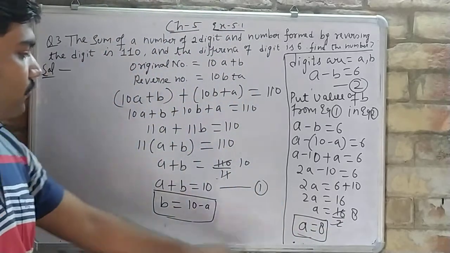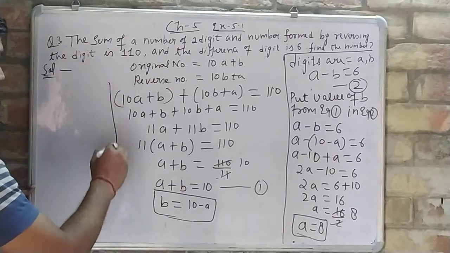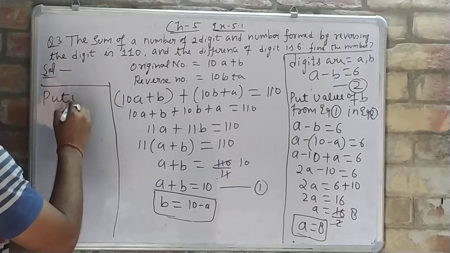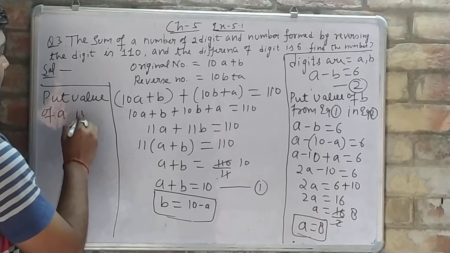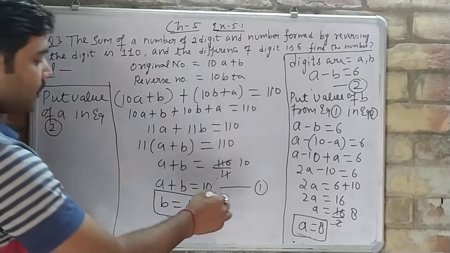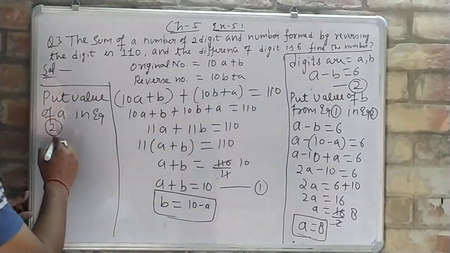Now we will put the value of A in any of the equations. Suppose I put the value of A in equation 2. It doesn't matter which equation we use.